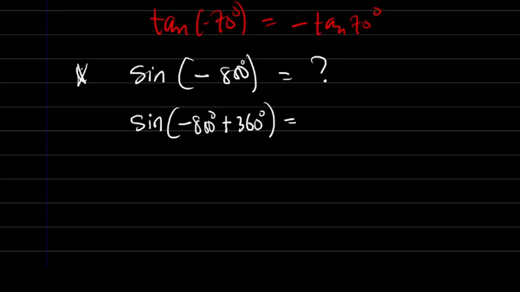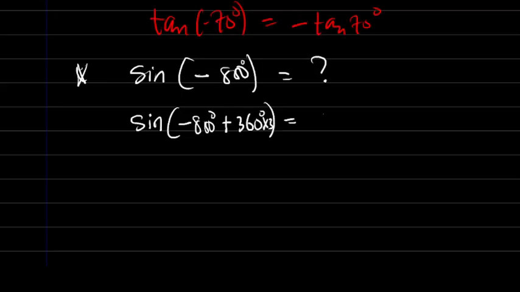How many 360 degrees should we add? Let me check 360 times 3. I think 360 times 3 will help us, because 360 times 3 is 1080, and 720, which is 360 times 2, is smaller than 800.